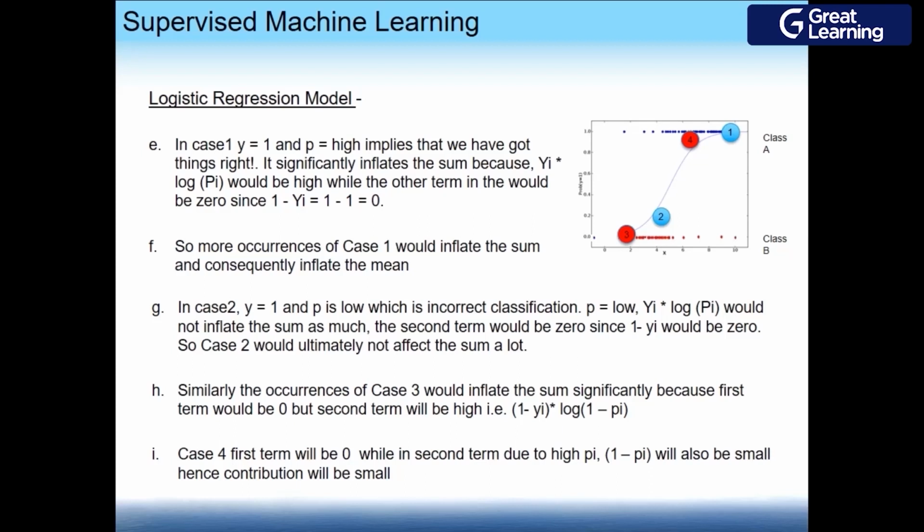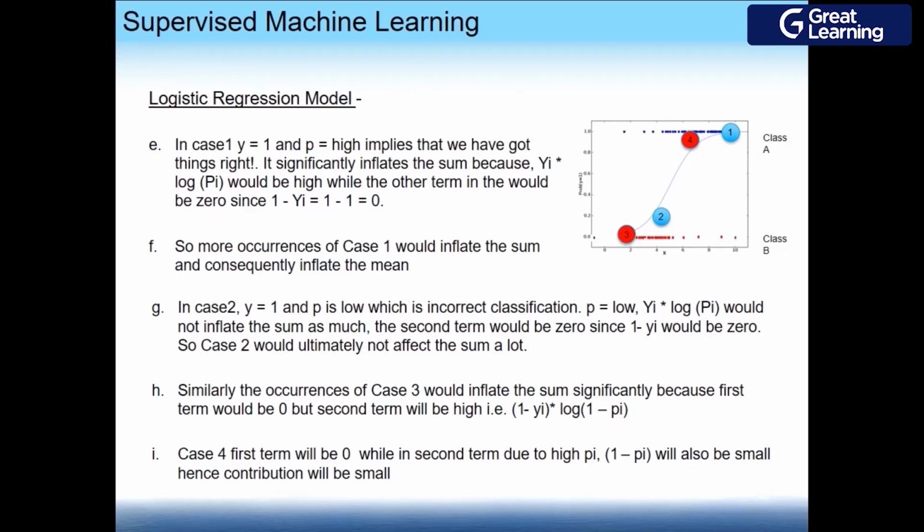No error, 0 error, right? Zero error. Come to this. What is the y value for blue class? 1 into what is the probability? Very high, almost close to 1. Log of a very high number, when it comes close to 1, is 0. 2 raised to power 0 is 1, so this is log to the base 2.